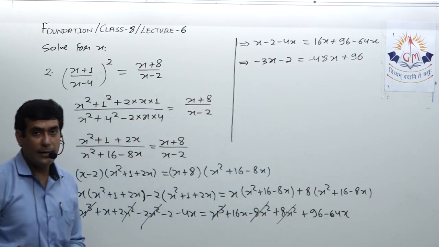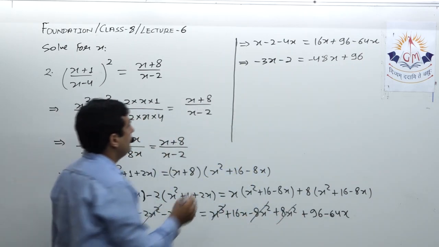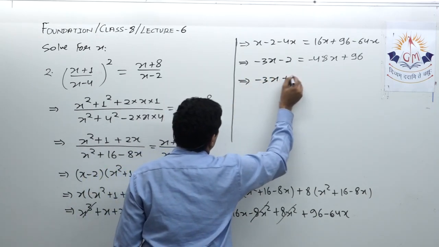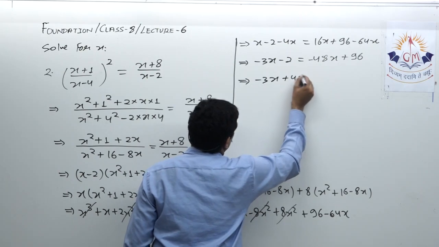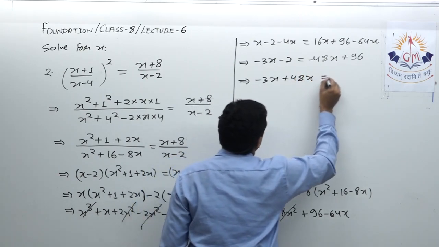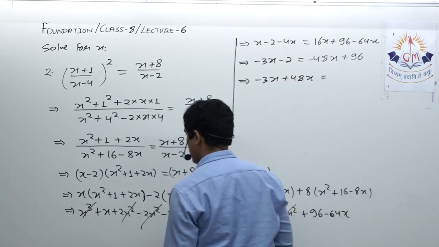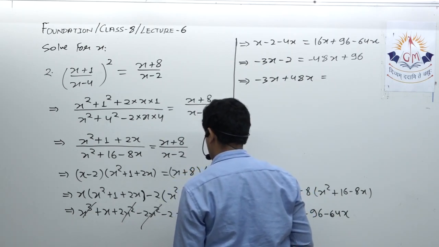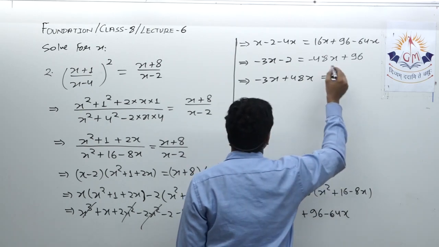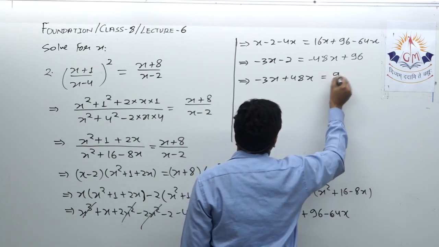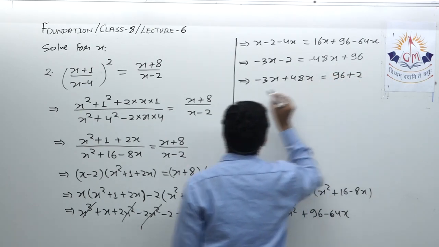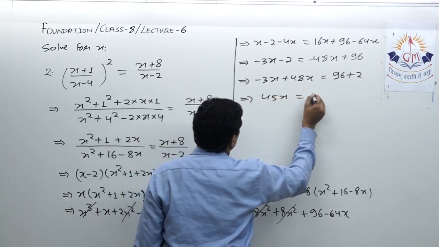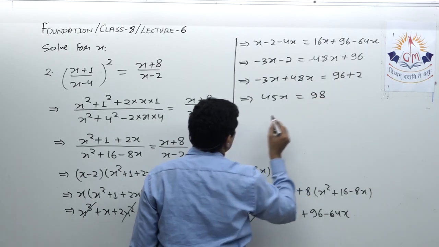What I will do, I will take the terms of x on one side. So minus 3x plus 48x is equal to, over here, 96 plus 2. So this is 45x is equal to 98.